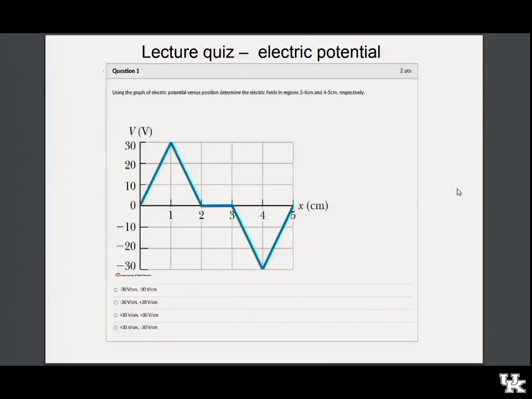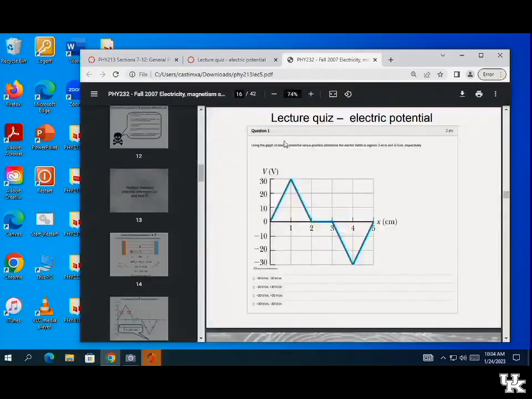Okay, here's a quiz question. In this quiz question, there were 2 more regions, from 3 to 4 centimeters and 4 to 5 centimeters. It asks you to figure out the electrical fields in those regions. Let me post this.